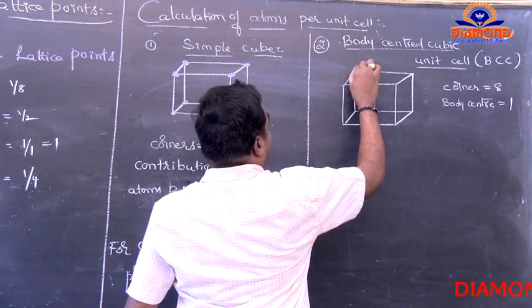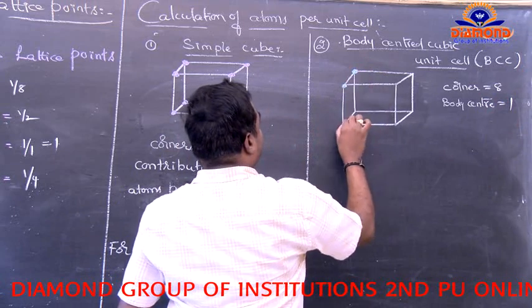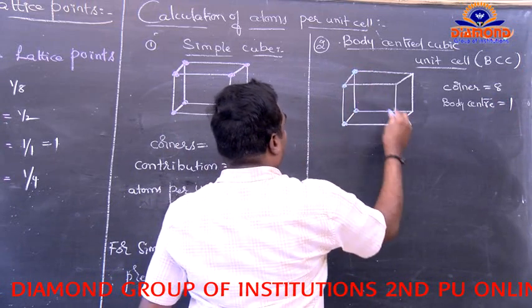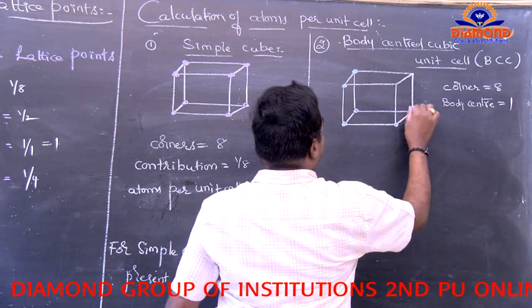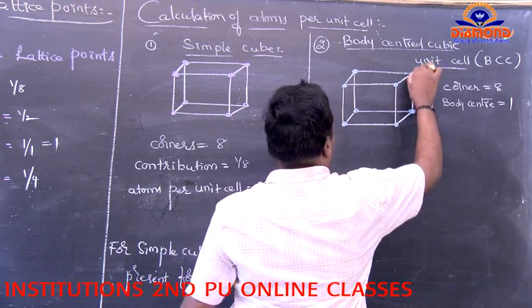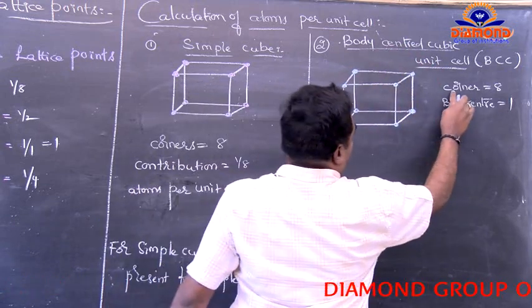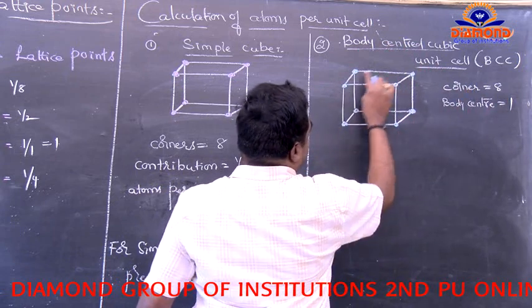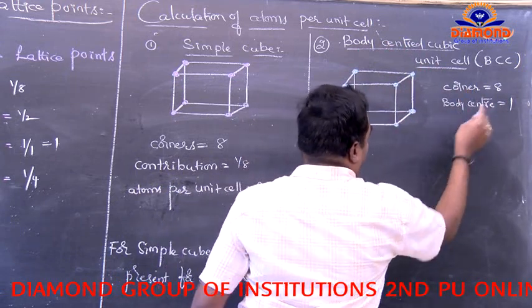Now the lattice points at the corners: 1, 2, 3, 4, 5, 6, 7 and 8. So 8 corners are there, so 8 lattice points are present. Now what about the body center?